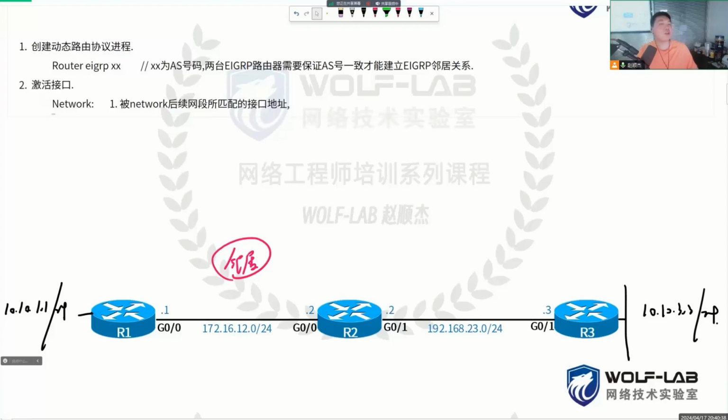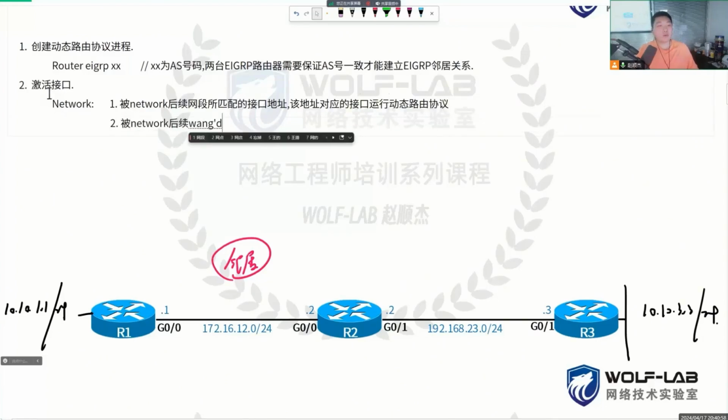Second, the direct route of the interface corresponding to this address is stored in the EIGRP database. In EIGRP, we use the network command line to activate the interface, make it run the dynamic routing protocol, and put our direct route corresponding to the interface into our database.